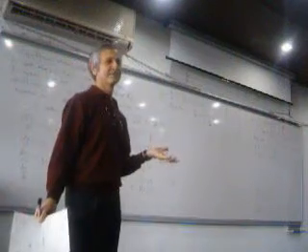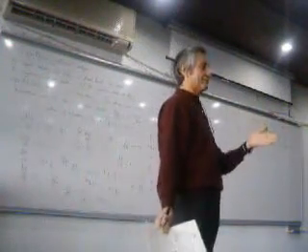If it's at x0, it's at equilibrium. But if it has a velocity and it's at 0, it's not at equilibrium. The second derivative, you don't have to say that.